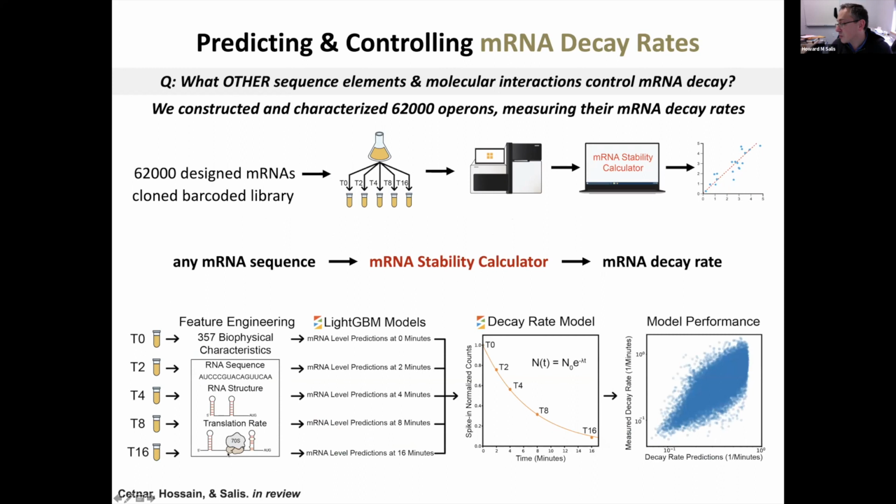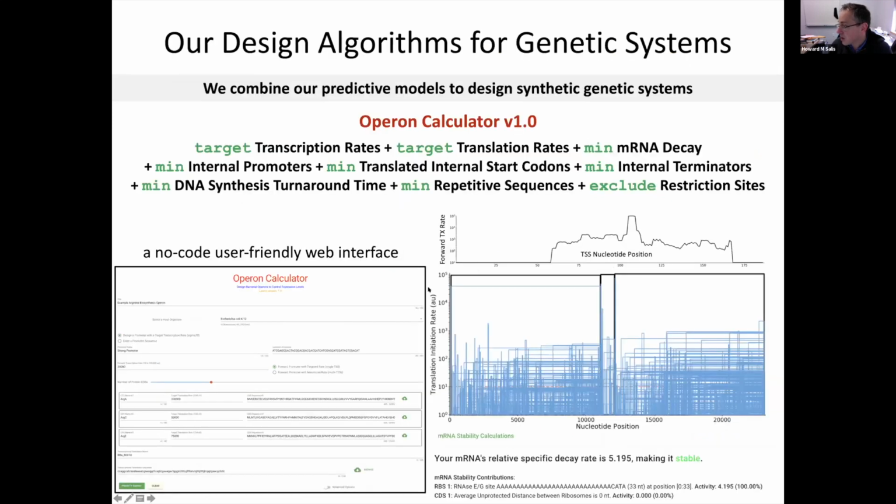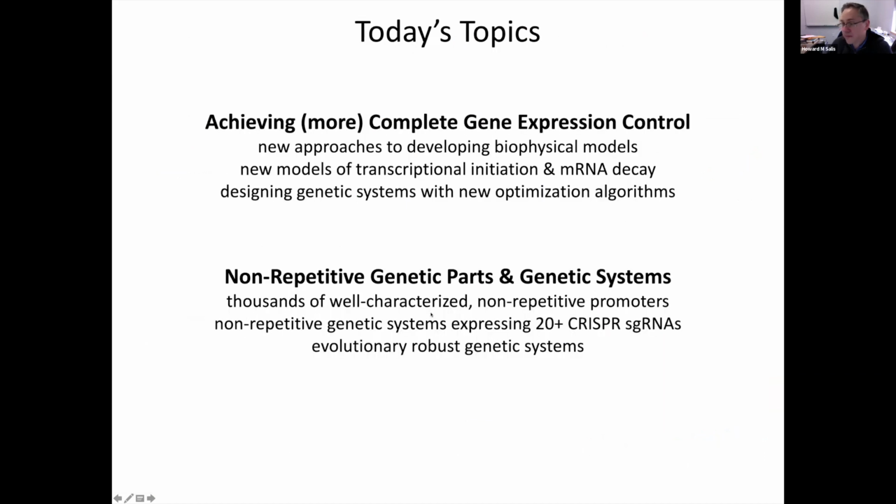And you can plug in all of the biophysical characteristics that we think are important to controlling RNA decay. And based on these features and the data set, you are able to develop a pretty good model to make predictions. But again, we're still chewing on this. Okay, so I'm gonna stop there. I think that's good enough.